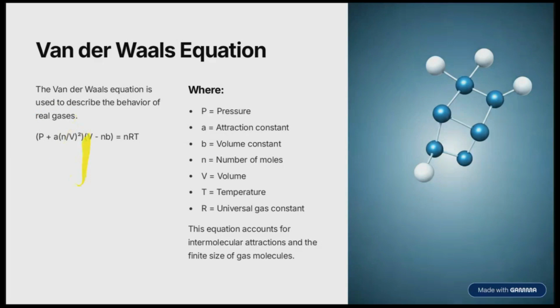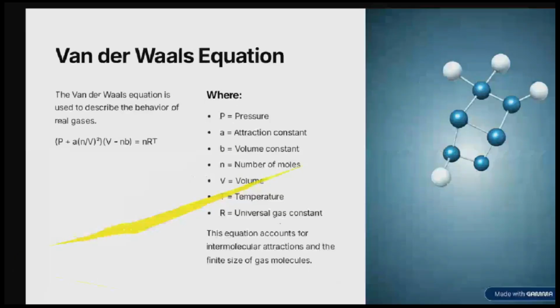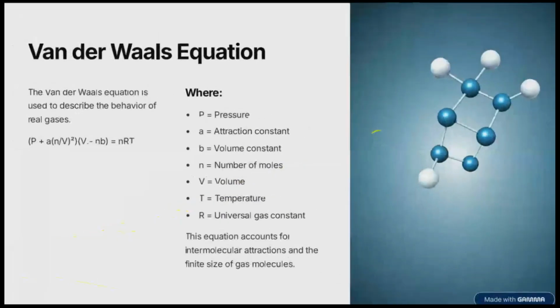Then for the V side, we have V minus nb. So they introduced two constants, a and b, where a is the attractive force constant, and b is the volume constant. This expression tries to explain the behavior of gases in all conditions, both real and ideal.